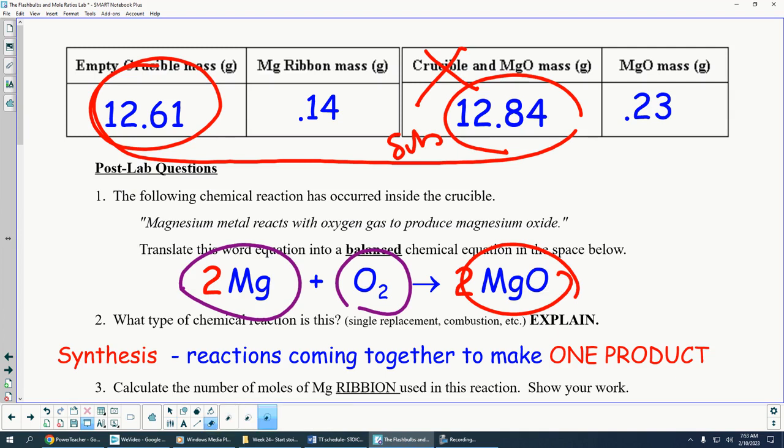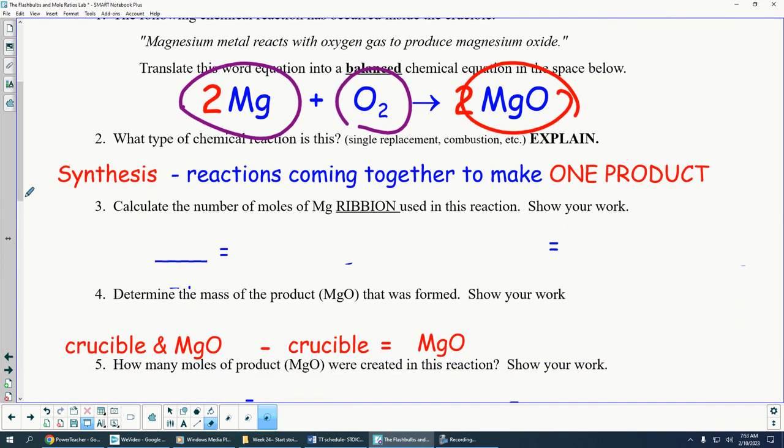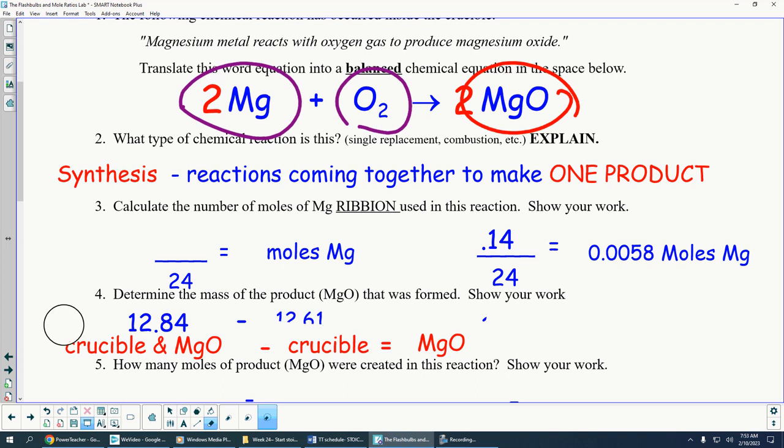All right, so here we go. Let's go through some of these questions. So hopefully you guys got, for number 3, you took your initial ribbon and you divided it by 24 to get the moles. I would personally put 0.14 over 24 to get my moles, which would be 0.0058. How do we determine the mass of MgO in the crucible?